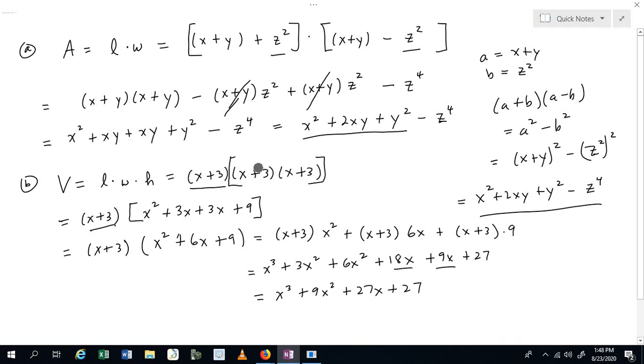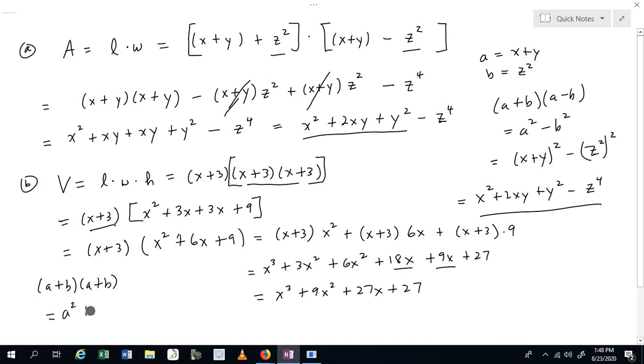Now, just so you know, you could have multiplied these together from the very beginning using the formula for what you get when you square a binomial, a plus b times a plus b.